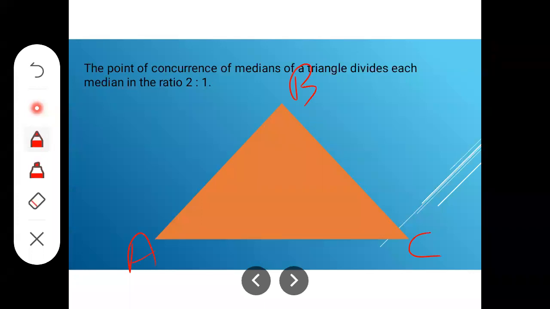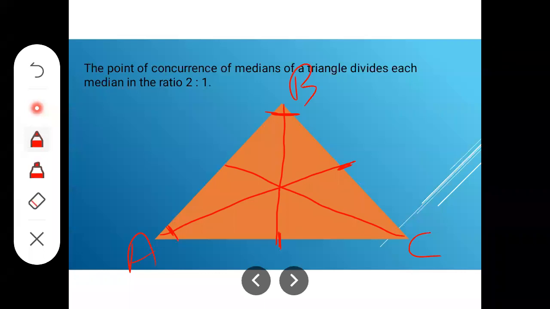If I choose vertex A, the midpoint will be here on the opposite side. So this is one of the medians. Now if I choose vertex B, the midpoint of the opposite side will be here. Draw the second median. And for the last vertex also, the third median. So for a given triangle, you can draw three medians.